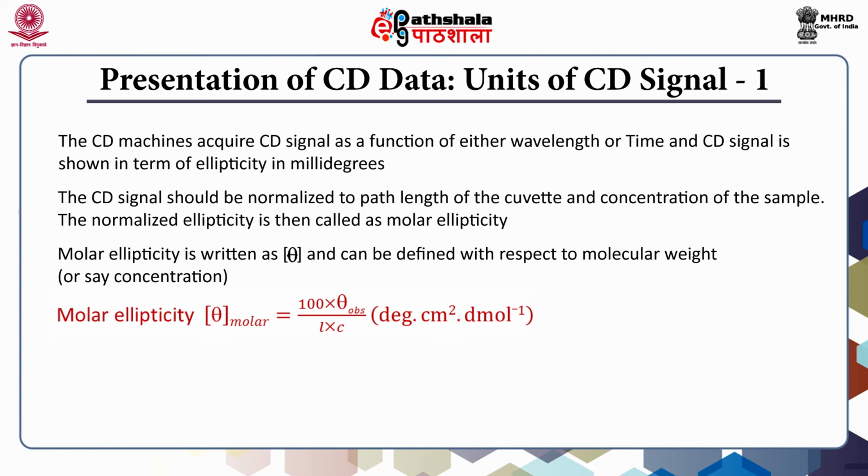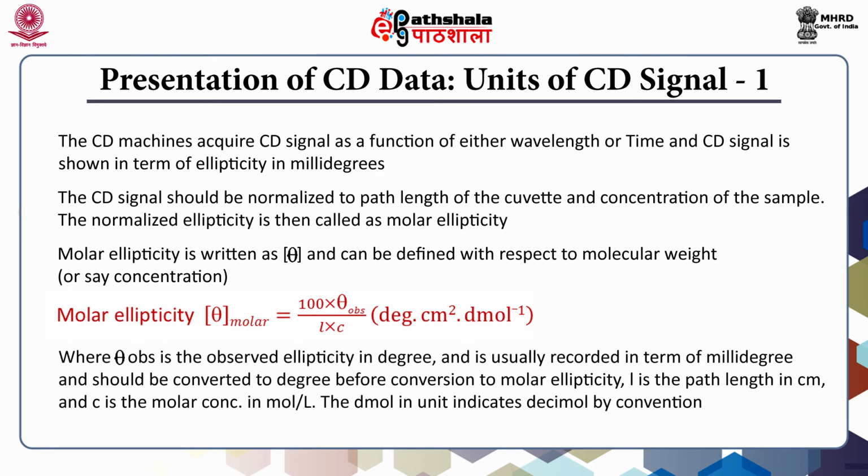Molar ellipticity theta is equal to 100 multiplied by theta observed divided by path length, that is L, and concentration, that is C. The unit of molar ellipticity is degree centimeter square per decimole, where theta observed is the observed ellipticity in degrees and is usually recorded in millidegrees and should be converted to degrees before conversion to molar ellipticity.